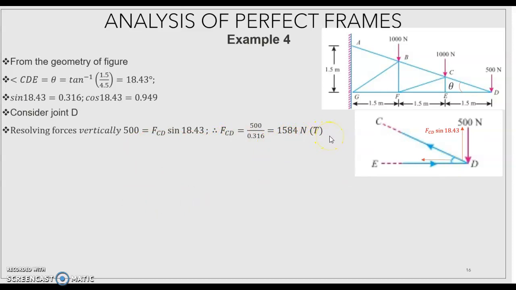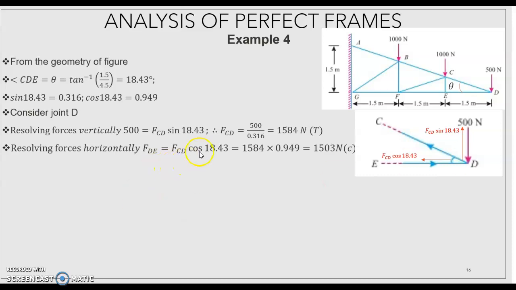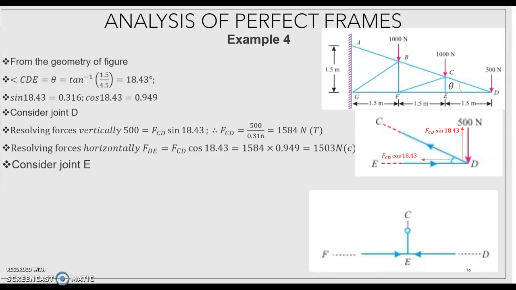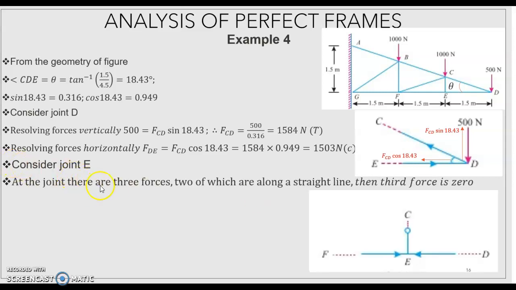Then resolve horizontally. The horizontal member force FDE is there, and the other horizontal force is the horizontal component of CD, FCD cos 18.43. Equating these two, we get FDE equal to 1503 Newton compression. Then consider joint E. At the joint, there are three forces, two of which are along a straight line.